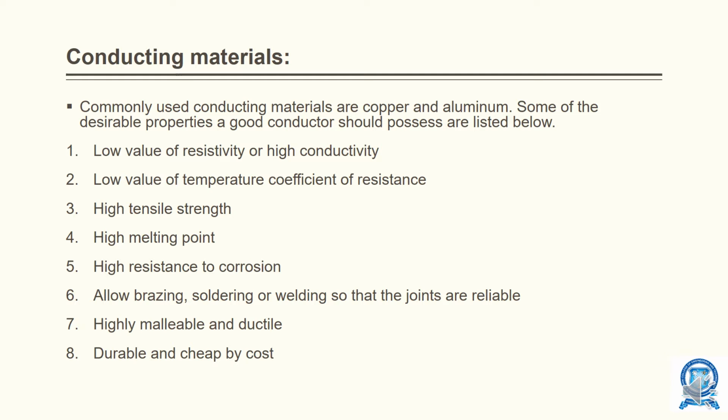Some of the desirable properties a good conductor should possess are listed below: low value of resistivity or high conductivity, low temperature coefficient of resistance, high tensile strength, high melting point, high resistance to corrosion, allow brazing, soldering or welding so that the joints are reliable, highly malleable and ductile, durable and cheap in cost. So these are the properties that a good conductor must have.